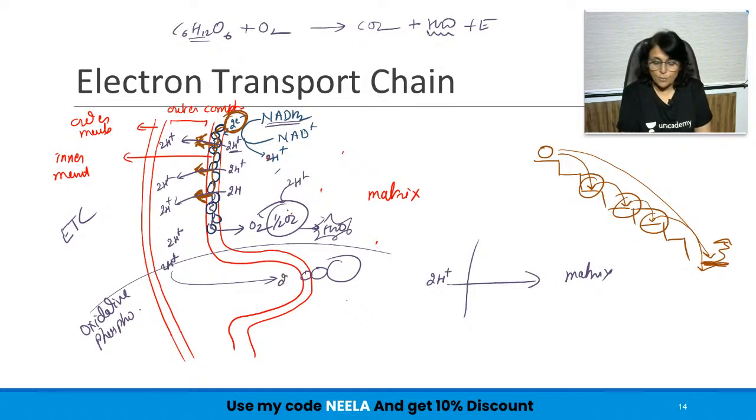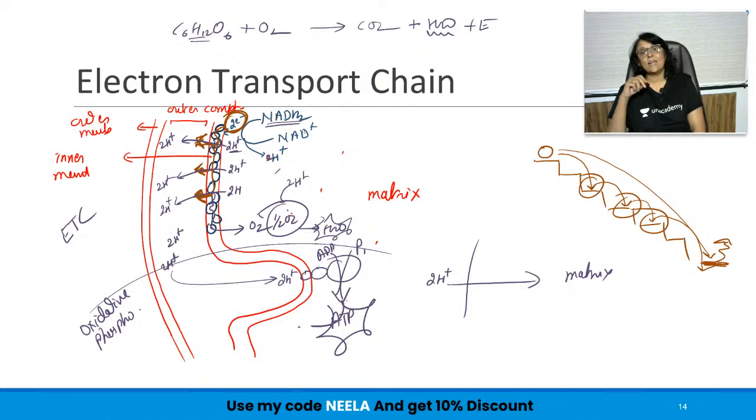So here one proton pair comes back, it releases that energy, and that energy is used to add phosphate to ADP, and we would get ATP. How many proton pairs have been sent out from one NADH2? 3. One goes back, 1 ATP, second goes back, second ATP, third goes back, third ATP. That is why we say that one NADH2 is going to give us 3 ATPs.